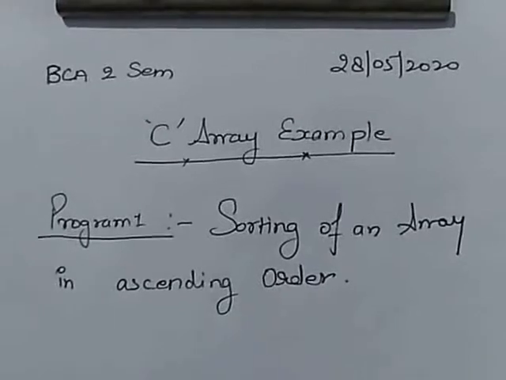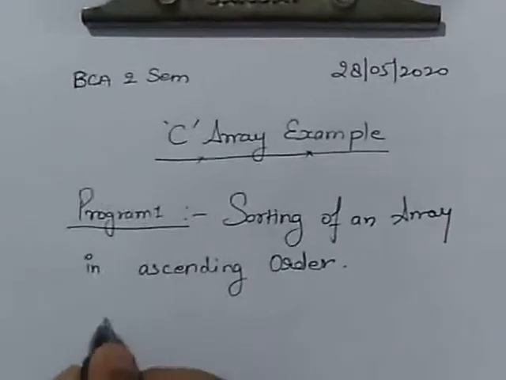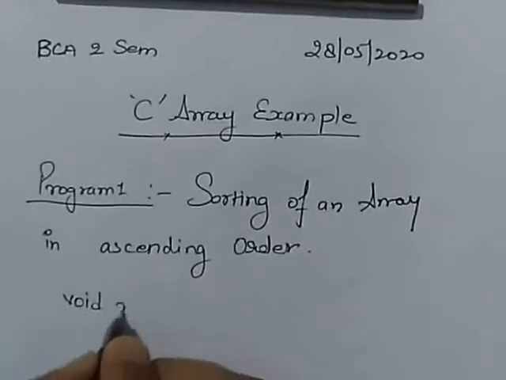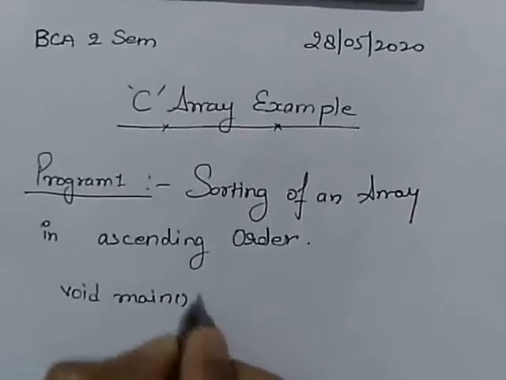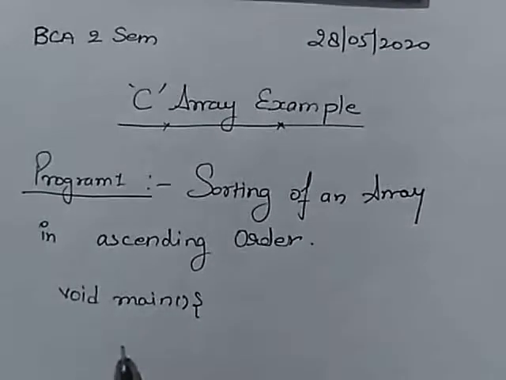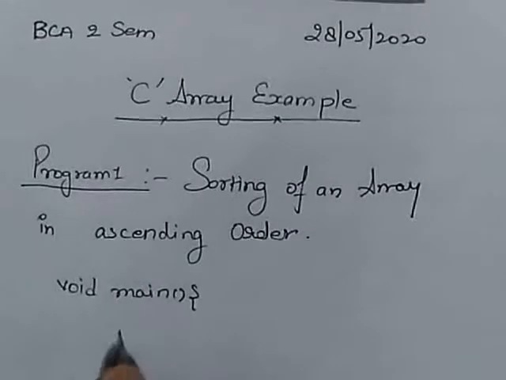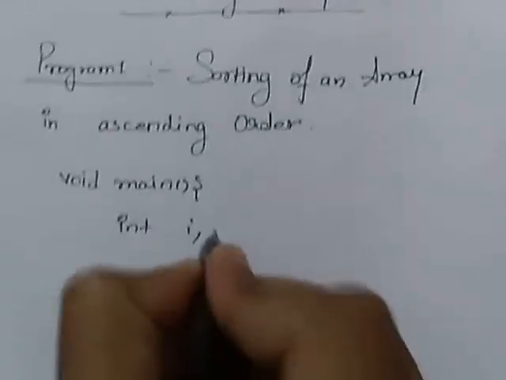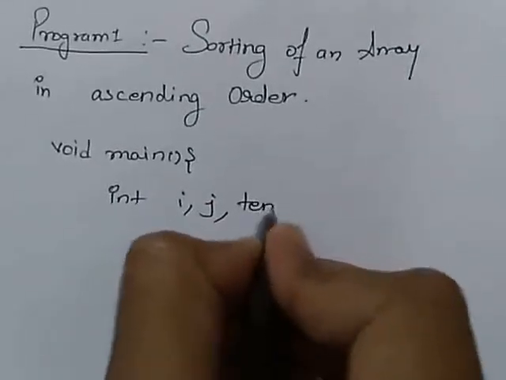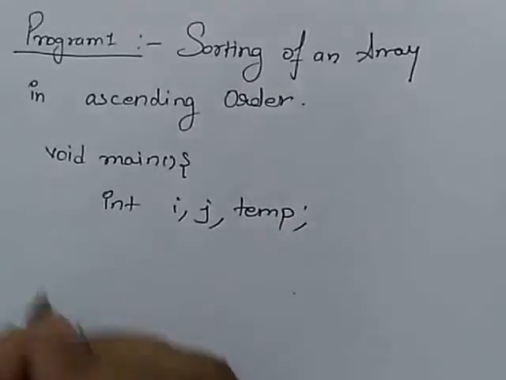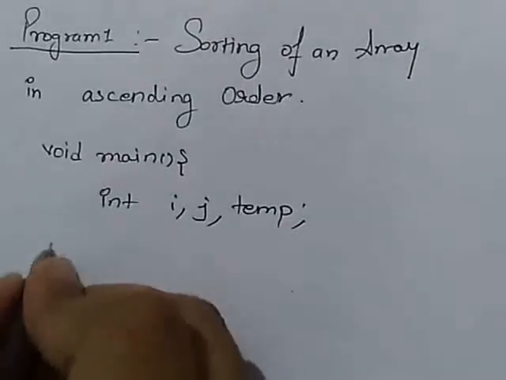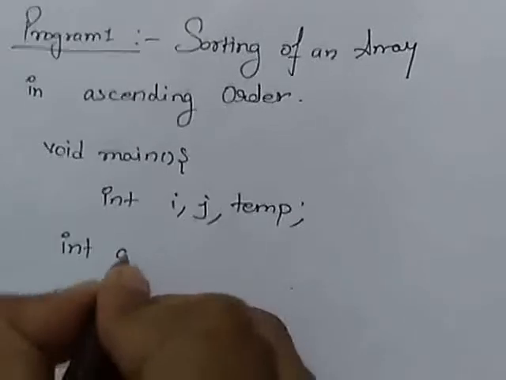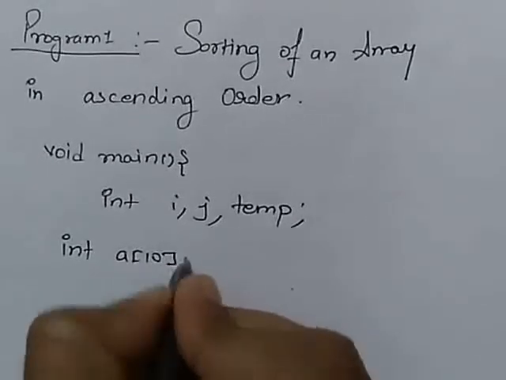Now what we have to do, we have to create a main function. Inside the main function take two integer variables i, j and a temporary variable. Now create an array of 10 elements.